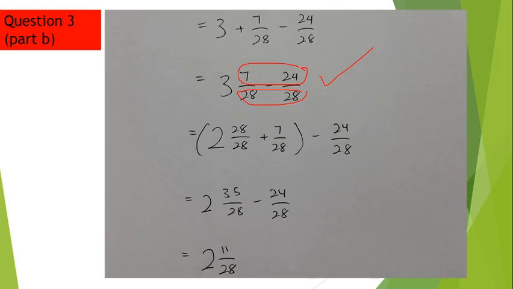No. So what you are going to do is we have to change this 3 into this one: 2 28/28, 7/28. So you add up this one, it will be 2 35/28. Now 35 minus 24, so it can be subtracted, so you have the final answer 11/28. Okay, you got the correct answer.